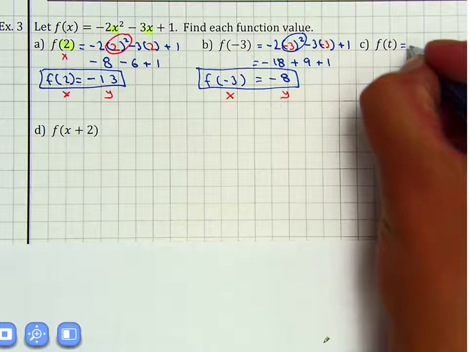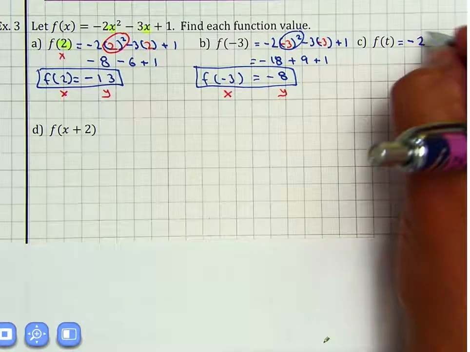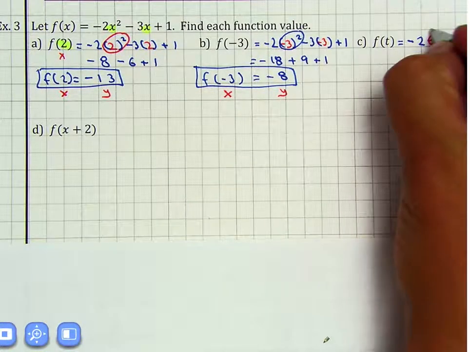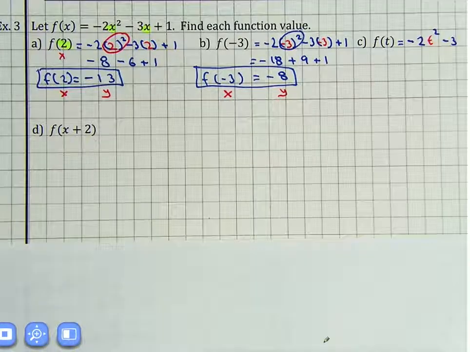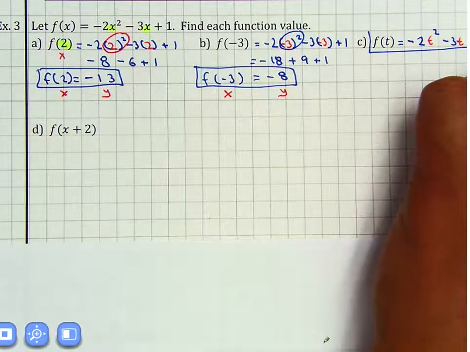So I'm plugging in, instead of the x, I'm going to plug in a t. Plus 1. And nothing to simplify, so stay as is.